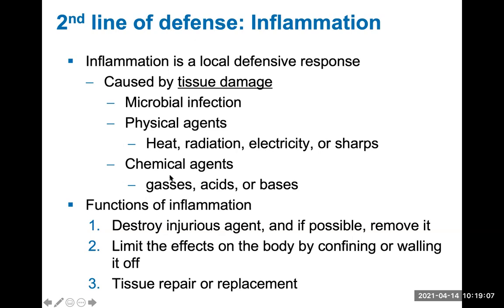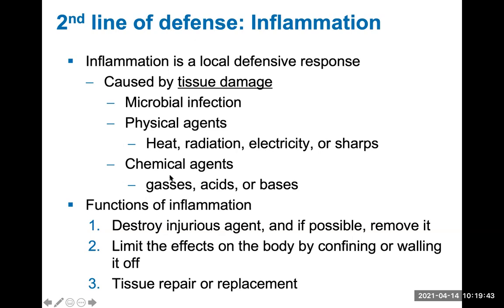The functions of inflammation are, if there's a microbe, to kill it and keep it from spreading. Whatever is causing the tissue damage, we want to wall it off, keep it from spreading throughout the body, right? And remove it if possible. And then we want to repair the tissue that's been damaged. Some tissue damage will result from the process of dealing with the microbe or injurious agent.